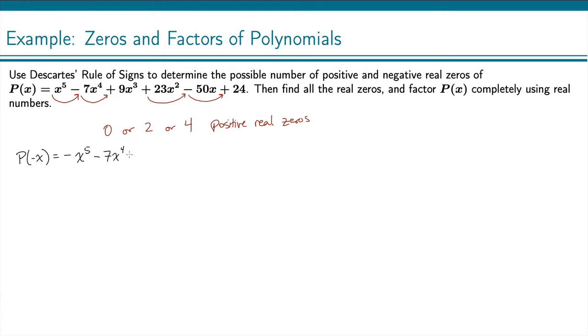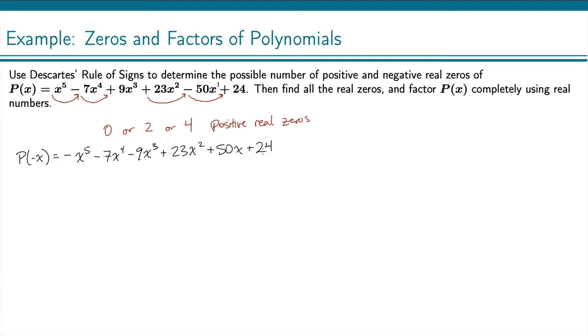We have an odd, so that changes, minus 9x cubed. And here we have an even, so that does not change, plus 23x squared. Here we have an odd exponent. That changes, so we've got plus 50x and then plus 24.